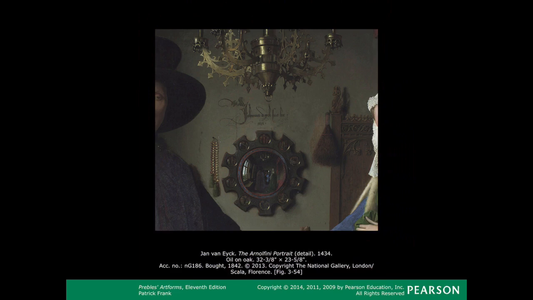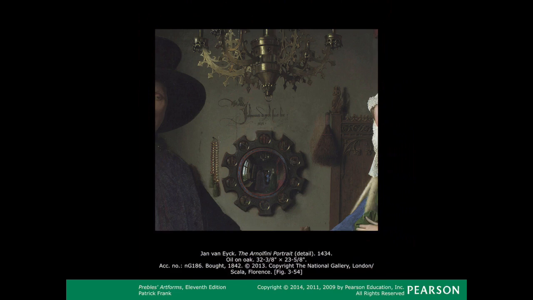Another example of texture that can be rendered using paint is through a more indirect way of painting, where they're spending a little bit more time. It's not the same as the impasto style by Van Gogh.